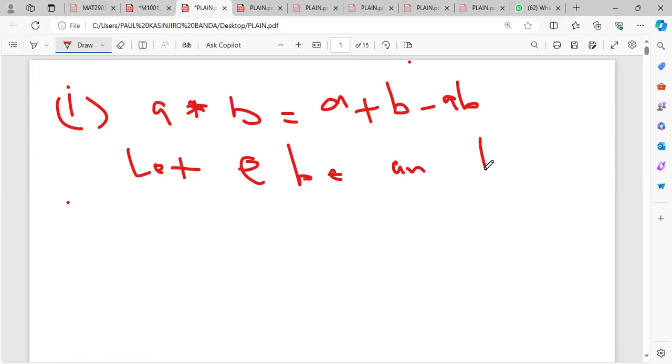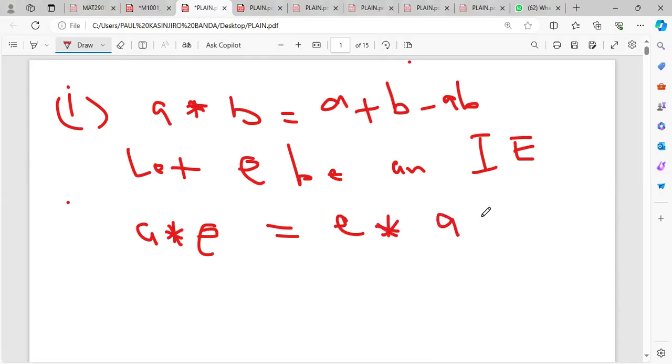So what will that mean when I apply this on that A? It will mean that A star E is equal to E star A, and this will just be A. Why? Because we're taking this E as an identity element, right?